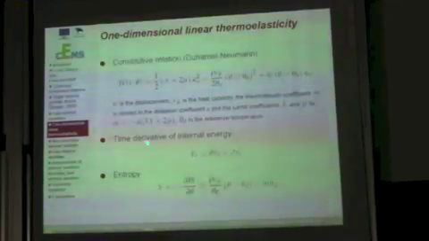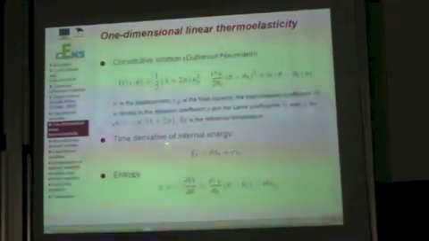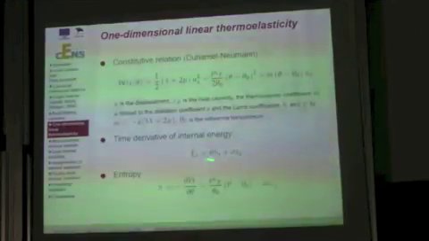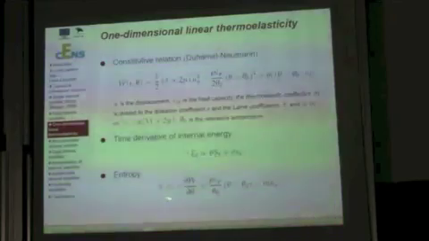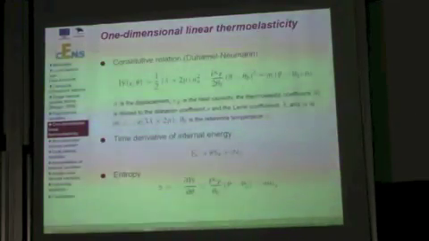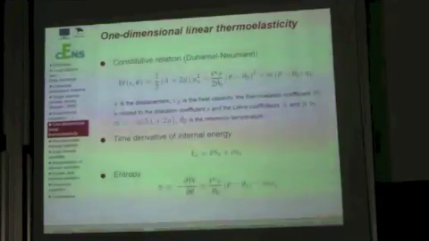So we can calculate the time derivative of internal energy, like that, and we know the definition of entropy, because it is the derivative of free energy with respect to temperature.